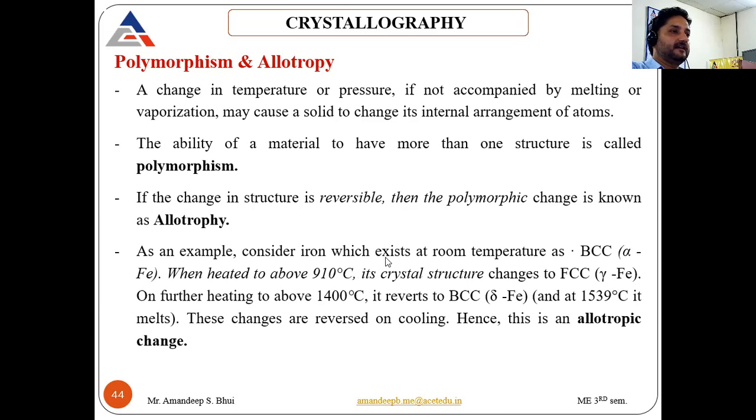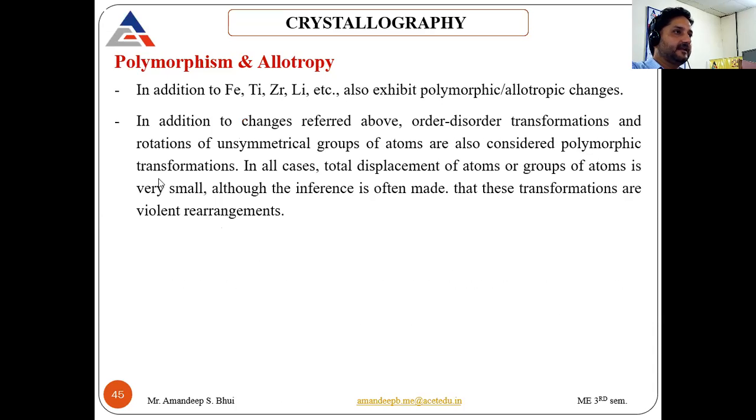So this means iron is an allotropic material. Similarly, other polymorphic or allotropic metals are titanium, zirconium, and lithium. These are some more examples of polymorphic or allotropic materials.